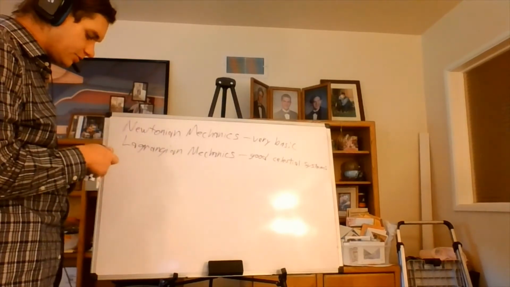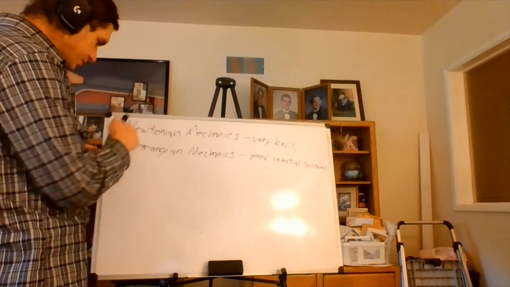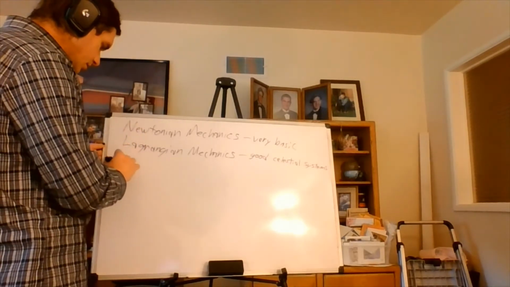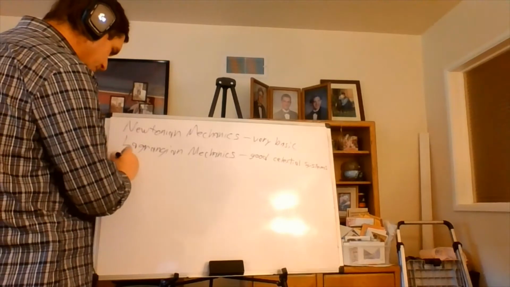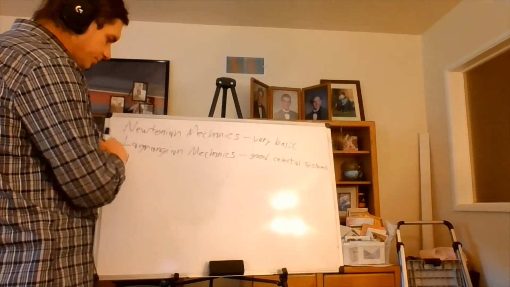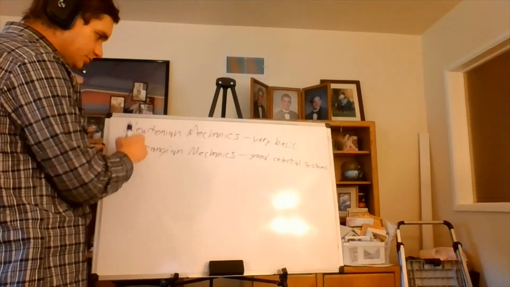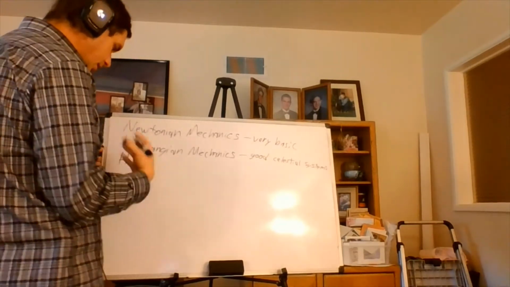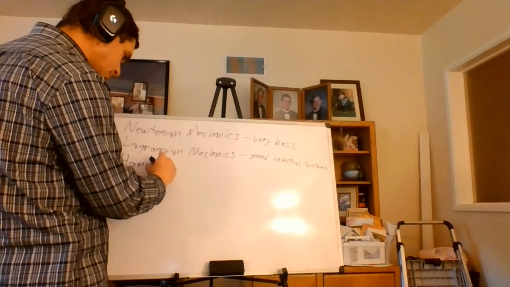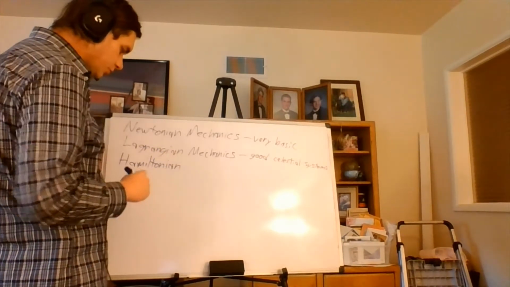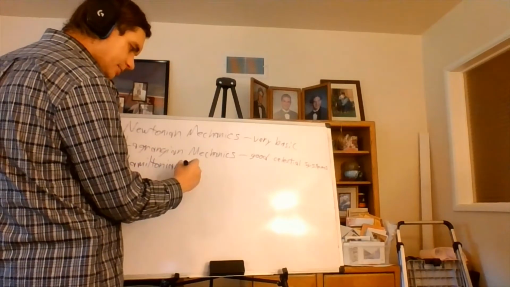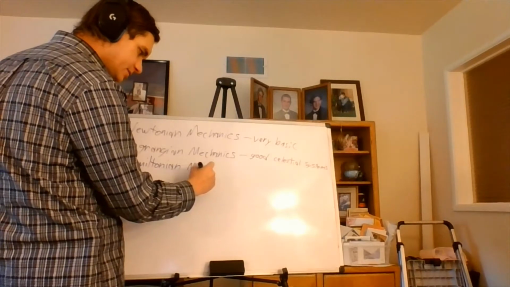Now, in addition to those two, there was another researcher, an Irishman named Hamilton, who did the same kind of work that Lagrange did. By which I mean he adapted Newton's mechanics to work better on his problems. So he came up with Hamiltonian mechanics.